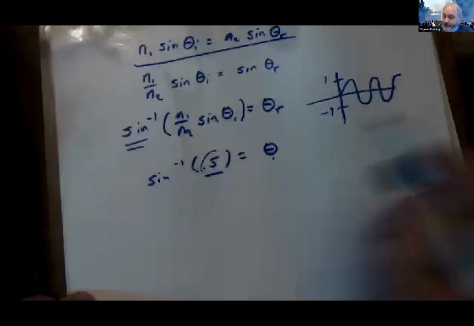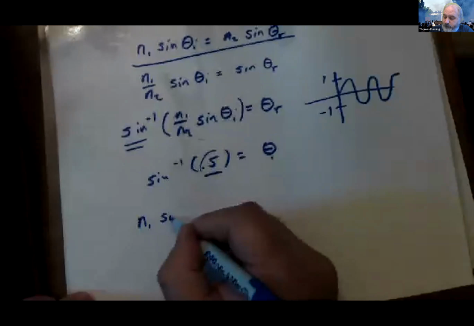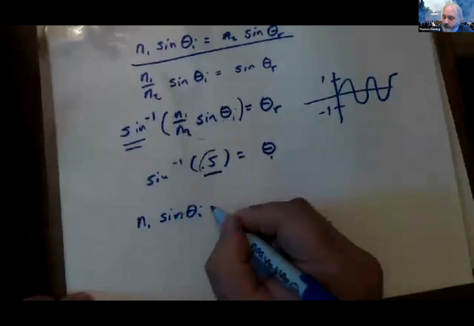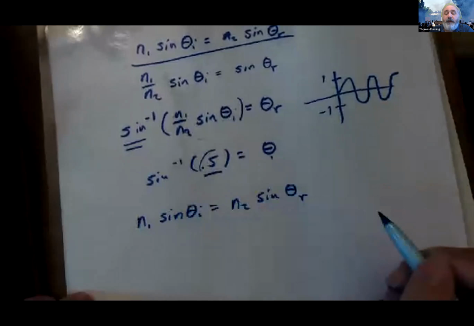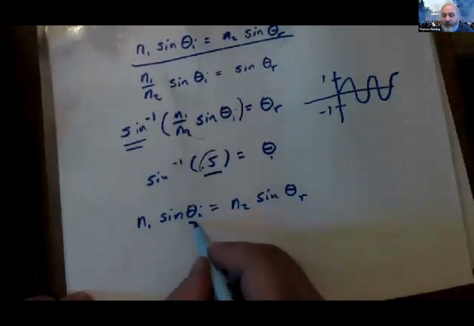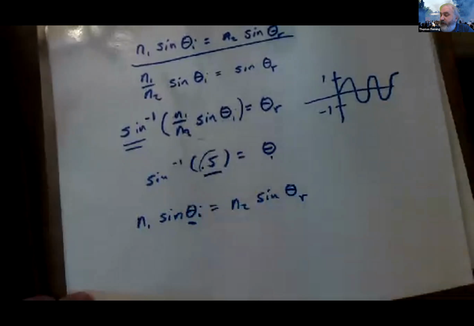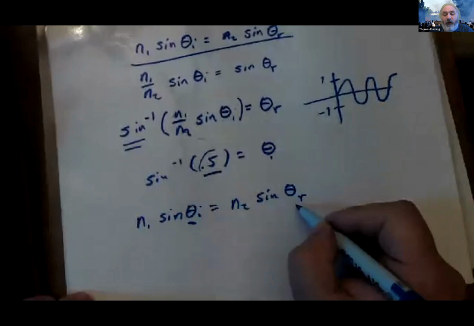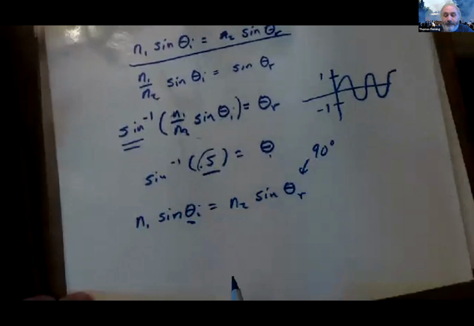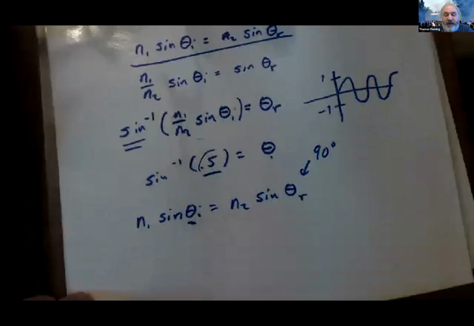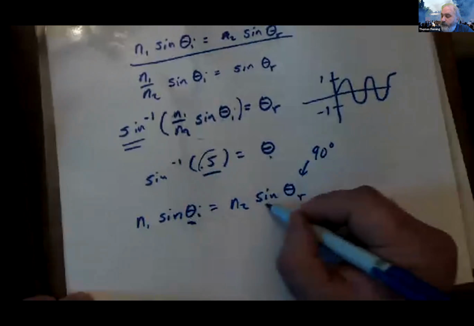We'll go back to Snell's law. And if we want to find the biggest possible angle of incidence, what we'll do is take the biggest possible angle of refraction, which in this case would be 90 degrees, and then solve for what theta I makes it work. So sine of 90 is 1.